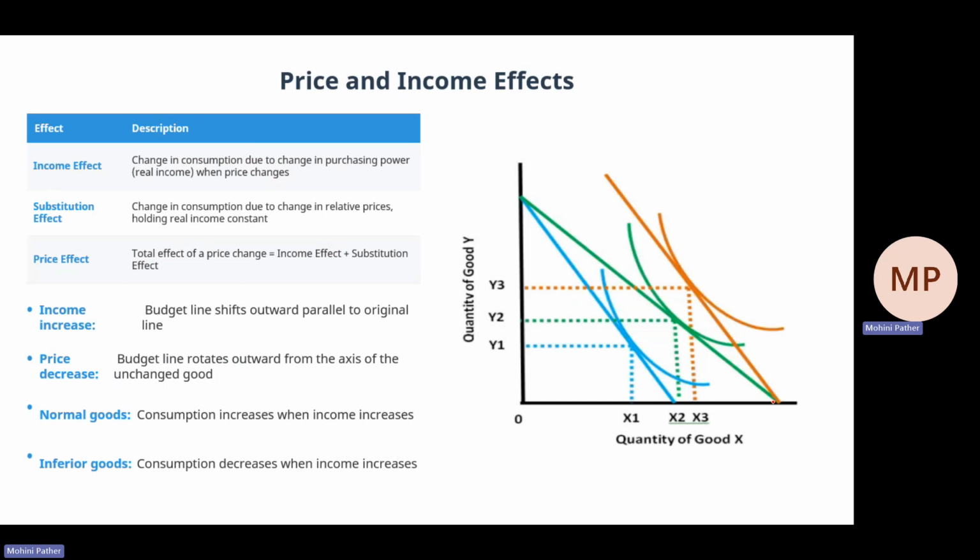The substitution effect means that there will be a change in consumption due to change in relative prices. So if your income is not the thing that changes, it is often the case that you may simply change your consumption due to relative prices. So if the price of clothes goes up, that means that you can actually buy fewer items of clothing, in which case you may instead prefer to buy more shoes.